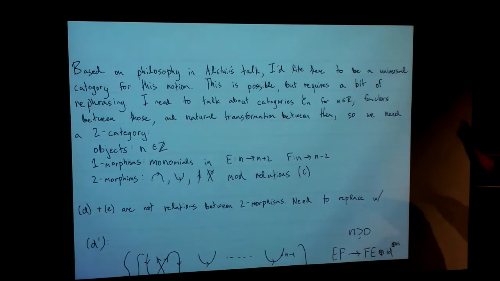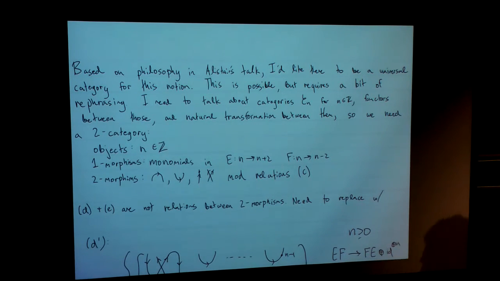So since I need to talk about categories, functors between categories, and then natural transformations between functors, I have 3 categorical levels I need to talk about, so 2-categories. This is very similar to the stuff that Alistair is doing, where you think of a monoidal category as a 2-category with 1 object.